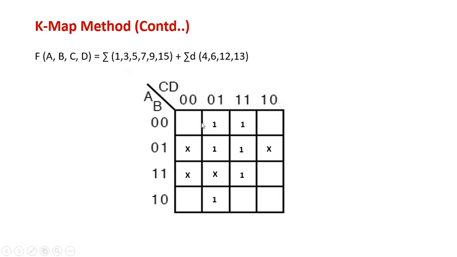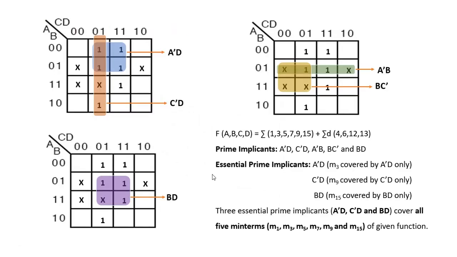So this is minterm 1, minterm 3, minterm 5, minterm 7, minterm 9 and minterm 15. And coming to don't cares, this is 4, then 6, then 12 and then 13.